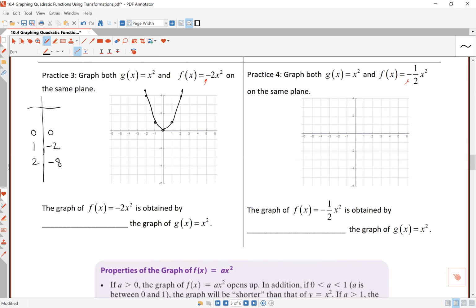So it's not only going to make it go steeper, but now the new graph is going to be going downward. Negative 1 squared is 1 times negative 2 is negative 2. Negative 2 squared is 4 times negative 2 is negative 8.